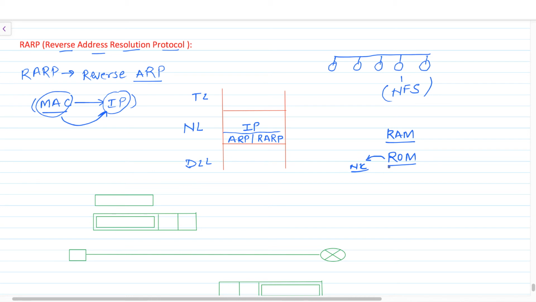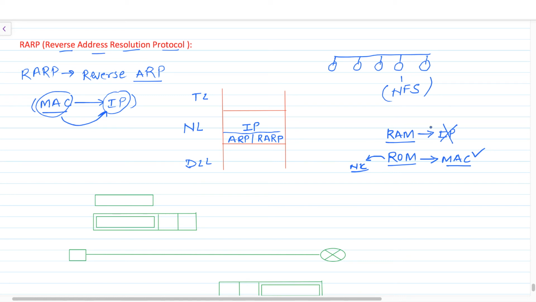Through this network interface card, ROM is also associated with the MAC address or physical address. Means the physical address is always permanent, while RAM is volatile memory, and IP addresses are stored in this RAM only. So when the system does not have any hard disk, the next time you start the system, this information will not be there, only the MAC address will be present.